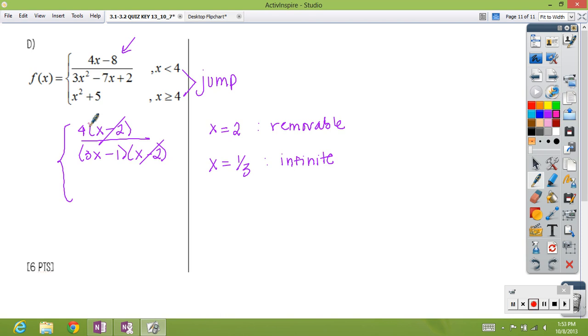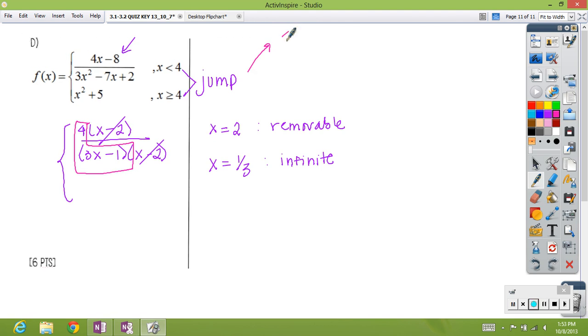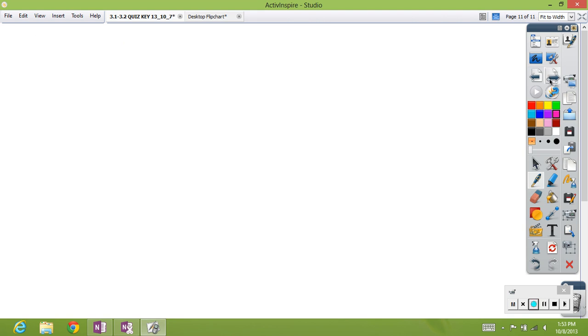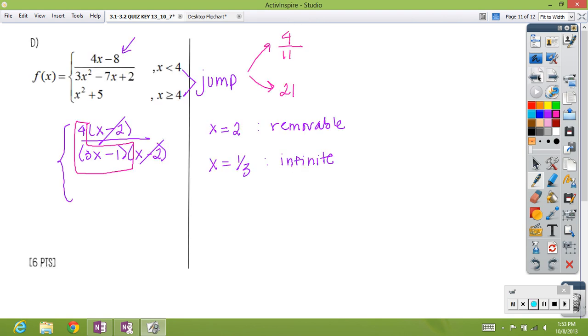I'm actually going to use a simplified version for this guy, a little bit easier for me. So the left side limit would be 4 divided by 11, and then the right side limit would be 16 plus 5, which is 21. So there's definitely a jump discontinuity. Hopefully I did this part right. Alright, and that's everything. So there is your test.